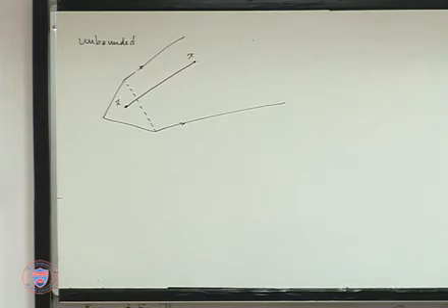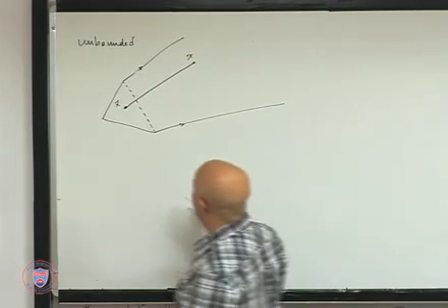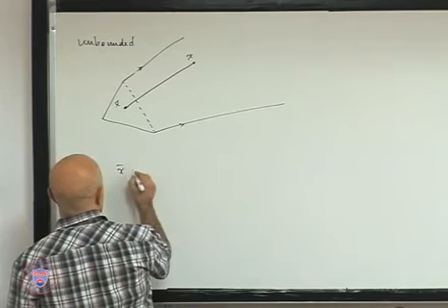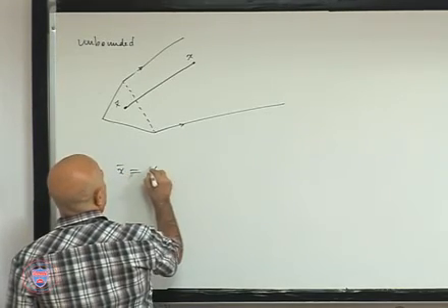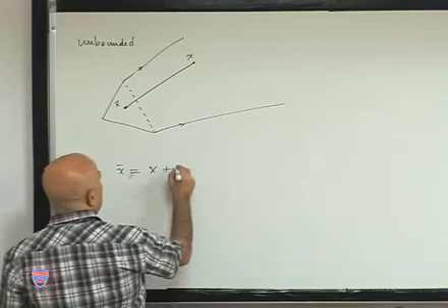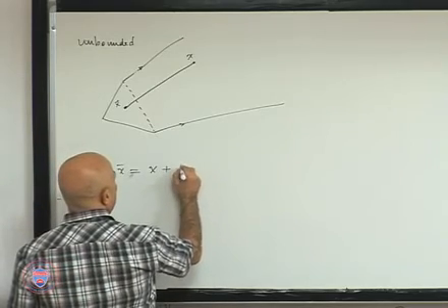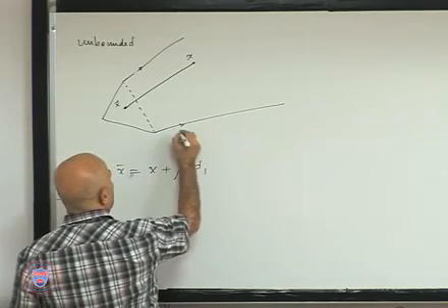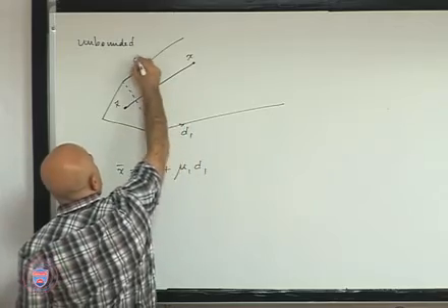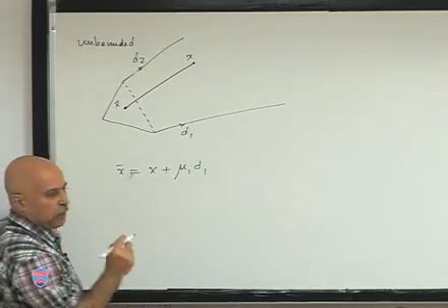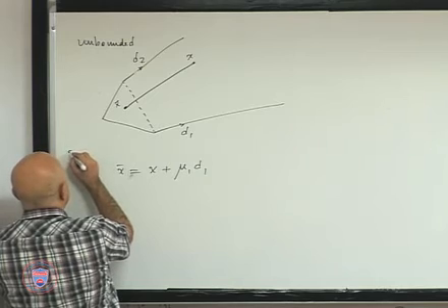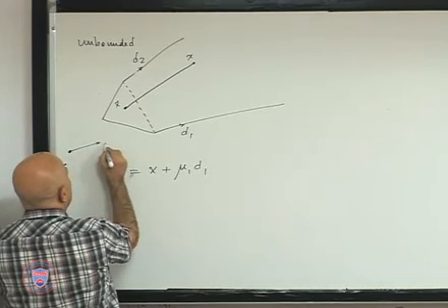So let me see. So you're expressing X bar as the old point plus, say, some mu1 times the first direction. In this case, we've got two directions. Of course, these directions are situated at the origin, okay? So remember that. So the origin is somewhere here. There's D1 here.